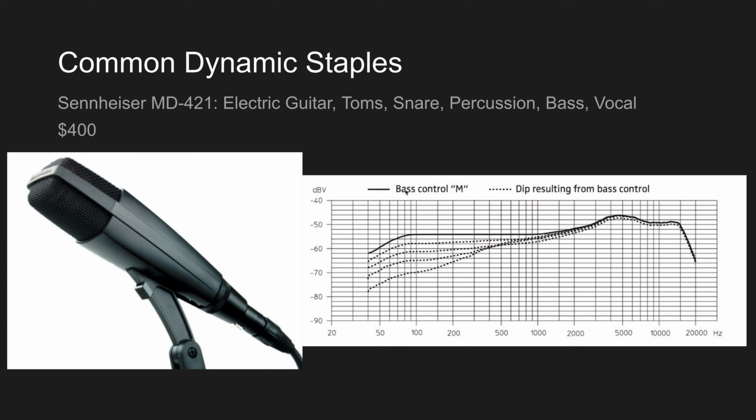So we'll look at this frequency response for the MD421. You'll see it has a similar roll-off as the 57, but then is really flat all the way up until the high mids, and then has a little bit of a bump, 2 to 5K around there, and then rolls off from 10 to 20.